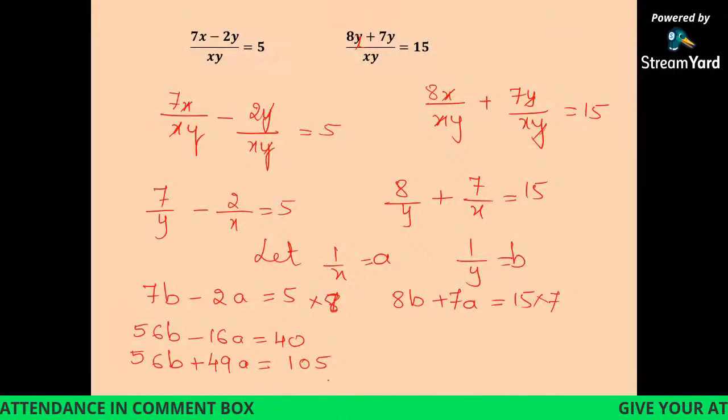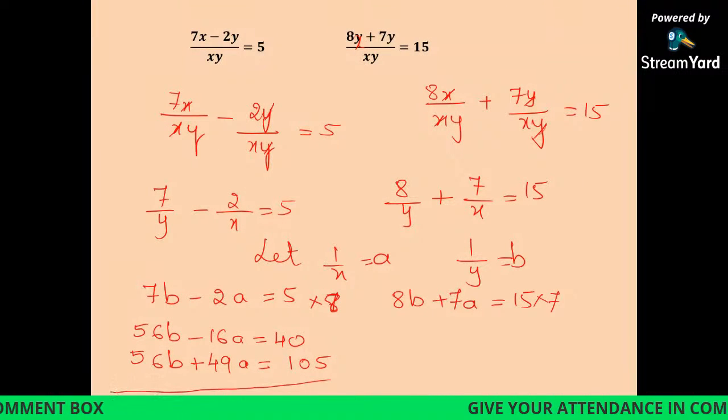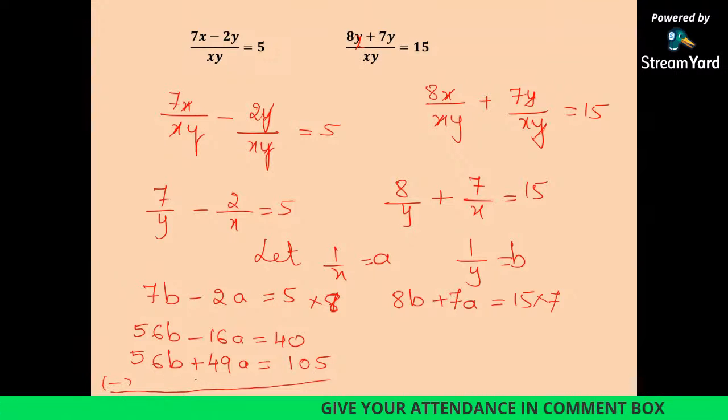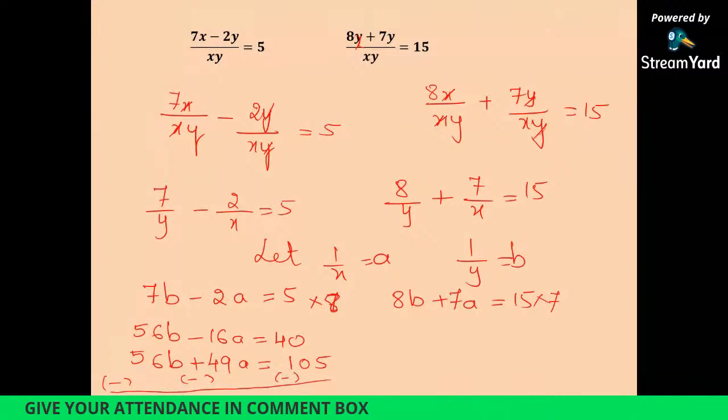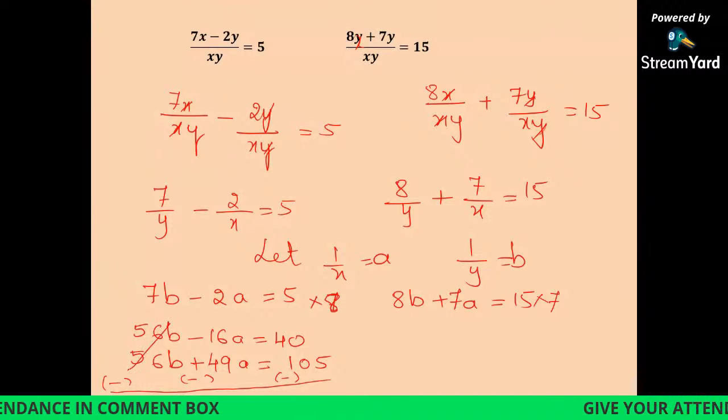Next step is changing the sign. You can use any of the methods, but the elimination method will be easier. 56b minus 56b gets cancelled here.